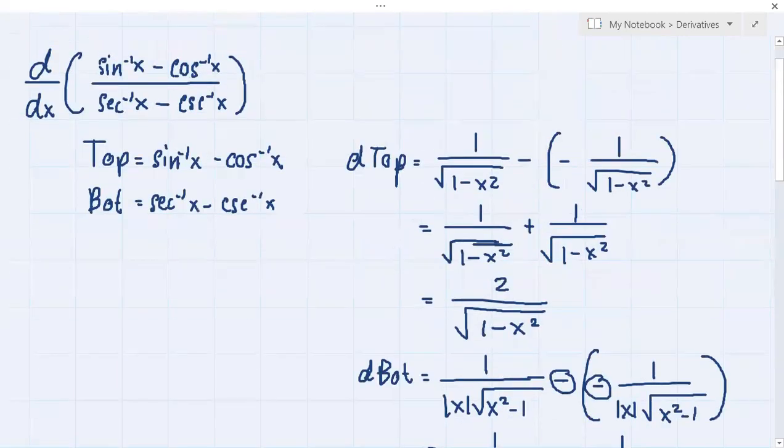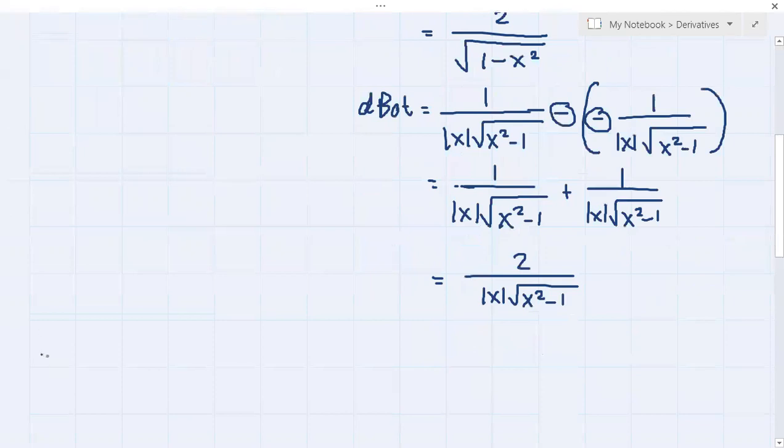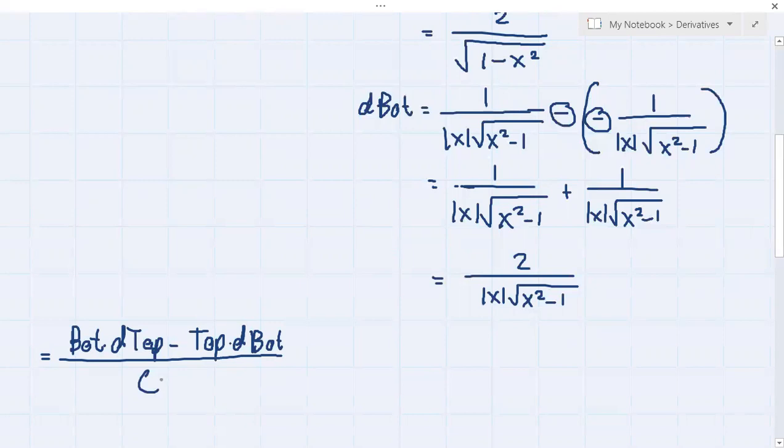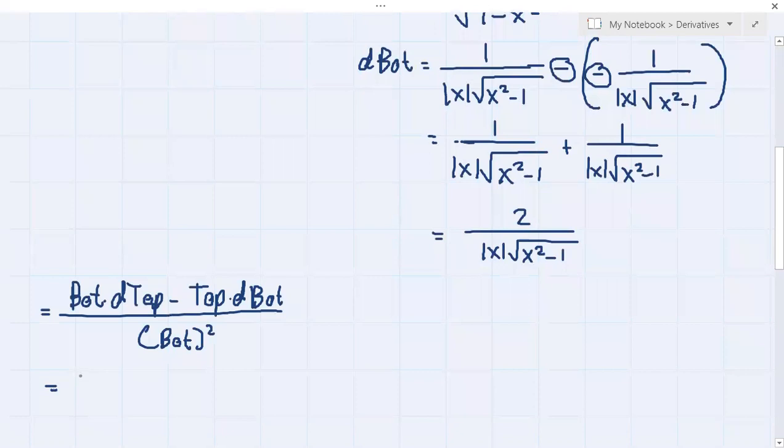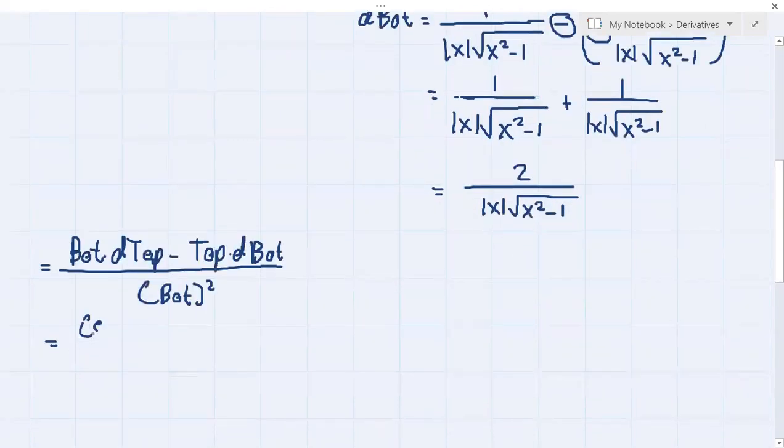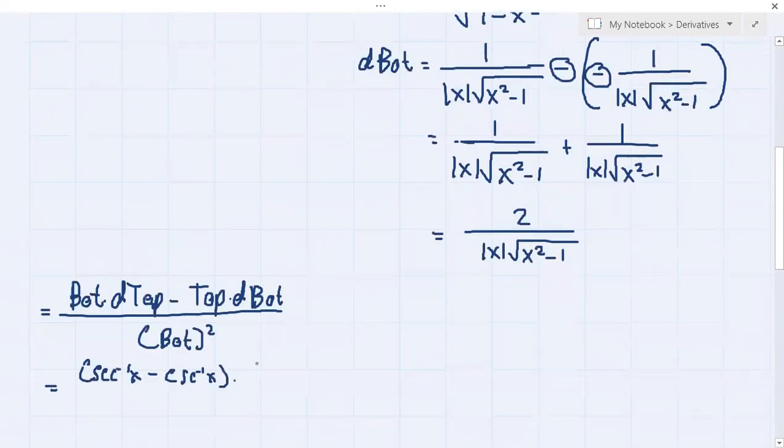So, mahaba to. So, now, let's use the formula. Okay? So, bottom times the derivative ng top minus top times derivative ng bottom all over the square ng bottom. So, let's give this a try. Bottom, we have arc secant x minus arc cosecant x times derivative ng top, which is 2 all over the square root of 1 minus x squared.